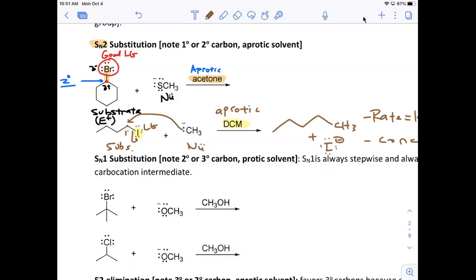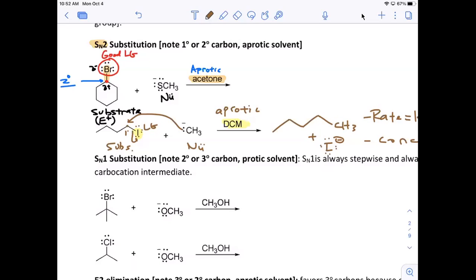We're going to play those similarities up so that there's less for you to memorize. If you remember the concepts and principles that guided SN2, some of those same concepts are going to show up again in E2, as far as the rate law and the solvation.